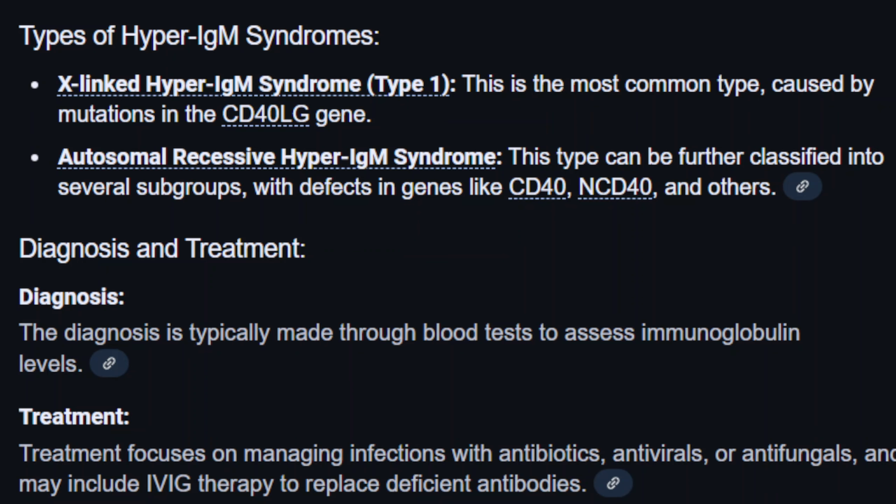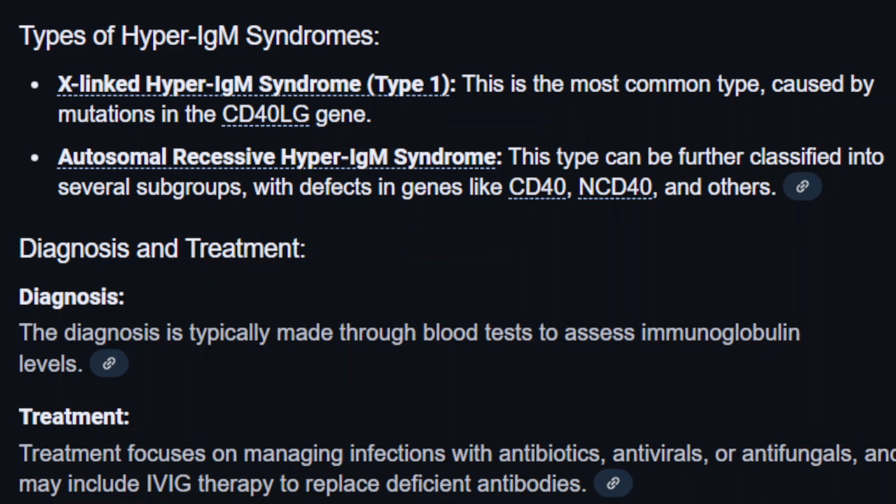Remember the receptor we talked about before, CD40L and CD40. X-linked hyperimmunoglobulin M syndrome is the most common type, caused by mutation of the CD40LG gene, which codes for the receptor CD40 ligand.